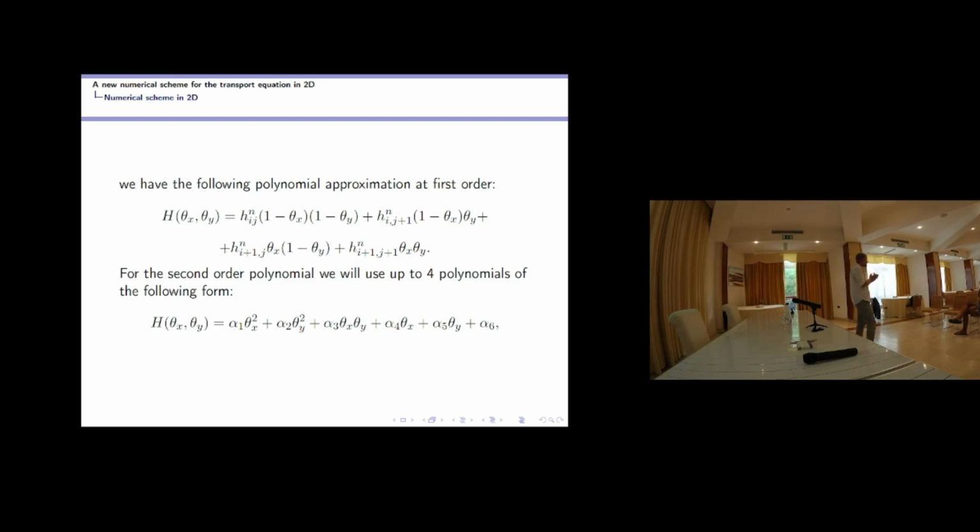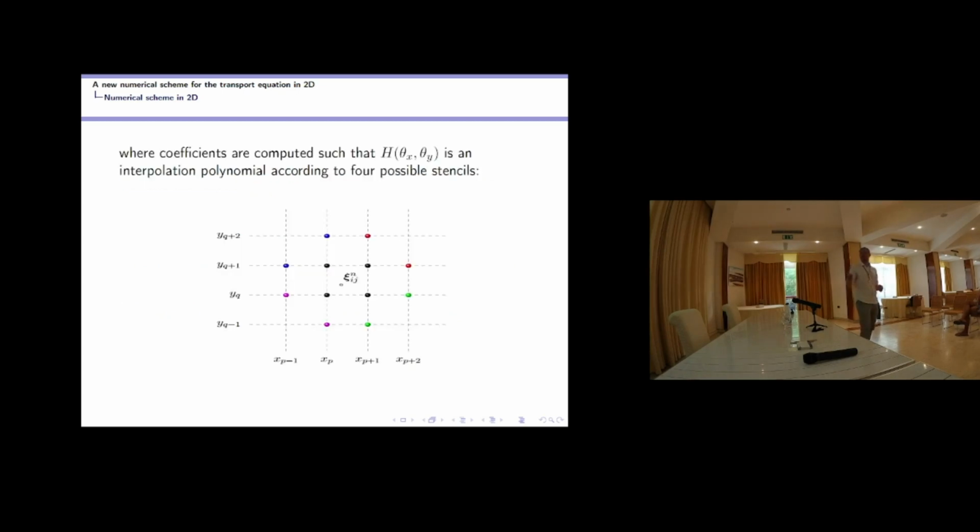Because if you have a conservative scheme, you don't lose mass. But here we sometimes use this stencil. After that, maybe we will use this one. After that, maybe we will use a combination of these three, and so on. So if we always use, for example, this one, we have a conservative scheme.